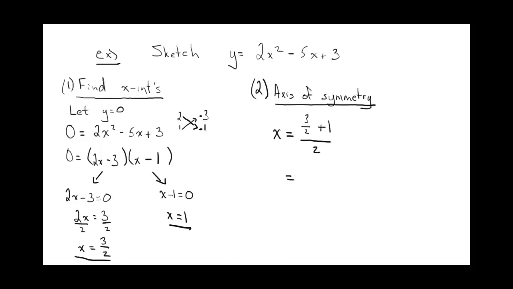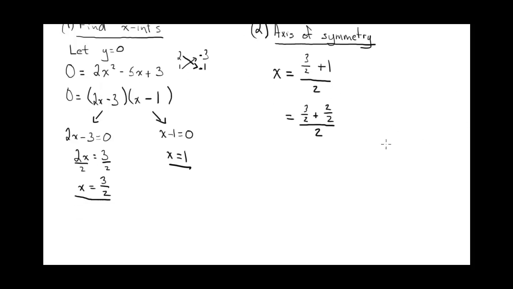So if we add 3 over 2 plus 1, let's just get a common denominator on the numerator. So 1 becomes 2 over 2, and that's all over 2. Right? So I just turned 1 into 2 over 2. So we've got 3 over 2 plus 2 over 2 is 5 over 2, and that's all over 2.